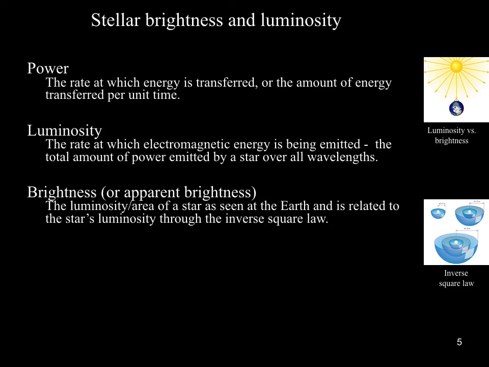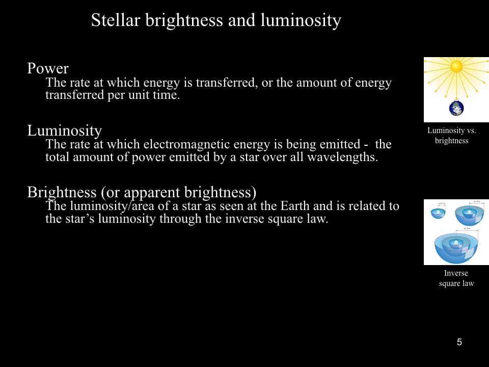Stars have a wide range of apparent brightness measured here on Earth. The variation in their brightness is caused by both variations in their luminosity and variations in their distance. An intrinsically faint nearby star can appear to be just as bright to us on Earth as an intrinsically luminous distant star.